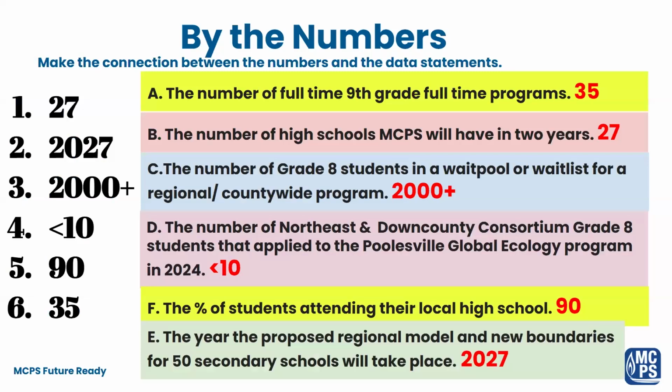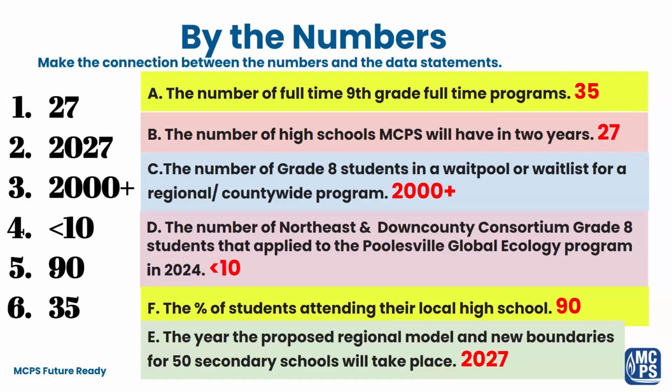Next slide, please. So before we go to our questions and responses for those, I'd like to go over the answers to the by the numbers shared at the beginning. The number of full-time ninth grade programs is 35. The number of high schools MCPS will have in 2 years is 27.